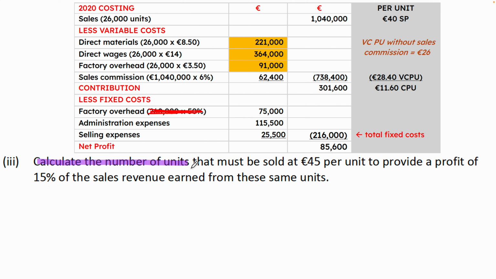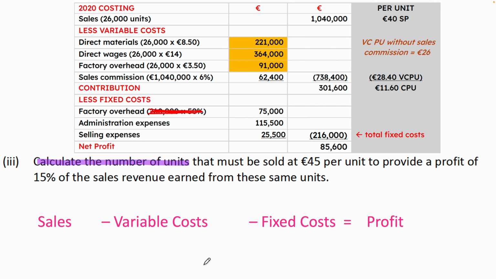You're going to let what you're looking for be X, so in this case, the number of units is going to be X. Now, if we don't know the number of units, we don't know what the sales are going to be, but we do know that they want to do it at €45. Okay, so you're going to have €45 multiplied by X number of units.